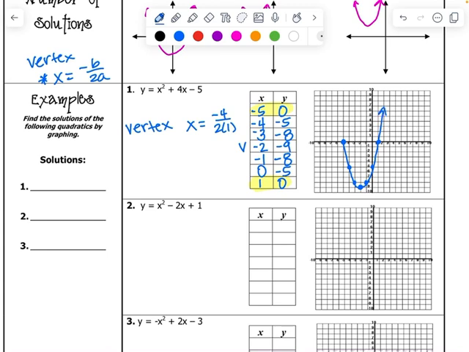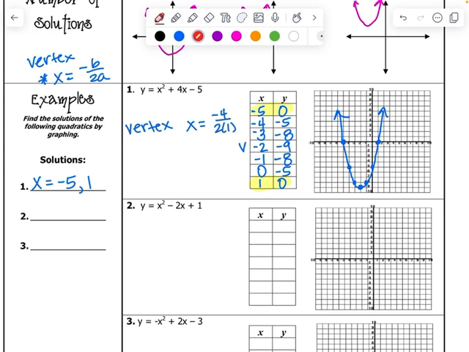Okay. So we're going to make our parabola there. Since we hit the x-axis at x equals negative 5 and x equals 1, then our solutions are negative 5 and 1.